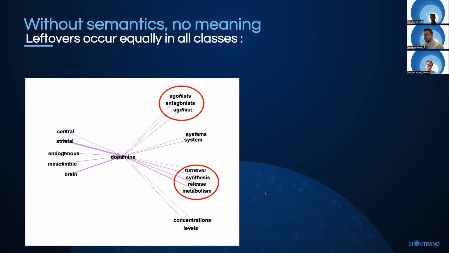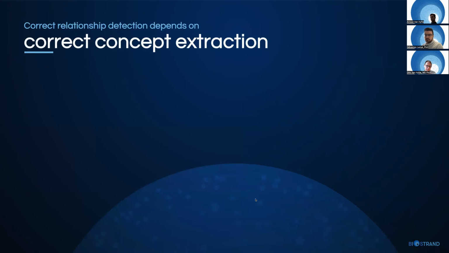Again, as we have seen before, the red part like agonist, antagonist, and so on, is really referring to drugs and drug classes, while dopamine turnover, dopamine synthesis, and so on, is referring to another semantic class, namely processes. So it's really important to assign everything to the right semantic class, and it seems that these classical transformers are not doing that.